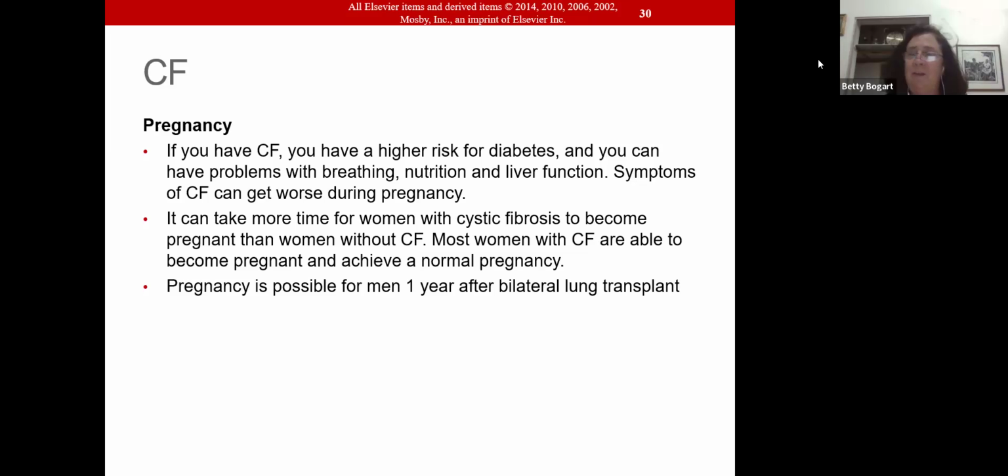The problem is men. Because there is mucus forming in their vas deferens and their testicles, the sperm can't get to the woman. Now, 1 year after a bilateral lung transplant, they can get their woman pregnant, okay? That was a HESI question, so I made sure that I put it here.